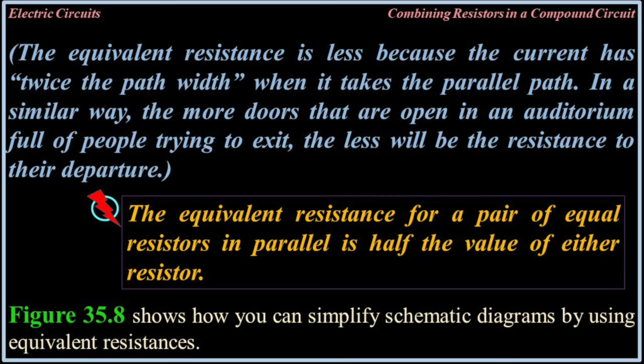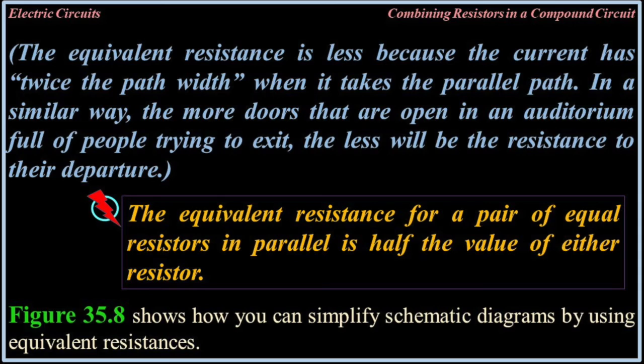In a similar way, the more doors that are open in an auditorium full of people trying to exit, the less will be the resistance to their departure. The equivalent resistance for a pair of equal resistors in parallel is half the value of either resistor.